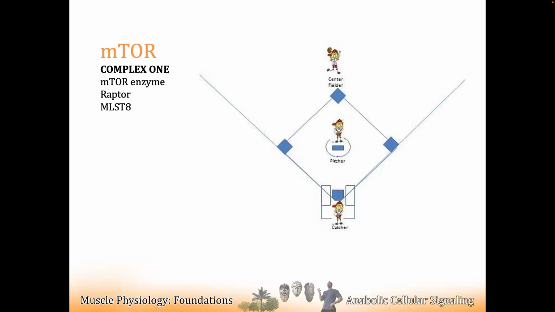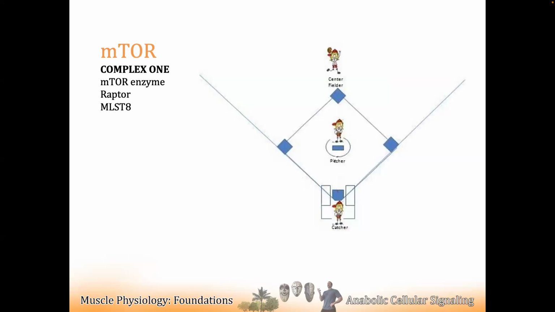It's not a good defense, but it suffices for a home run derby. If you only get three players, this is a reasonable construction of defense, the core hub. And mTOR also has a core hub. You can think of the mTOR enzyme like the pitcher, but the pitcher isn't the whole team. Just like the mTOR enzyme isn't the whole complex, but it's critical for the game to be played.